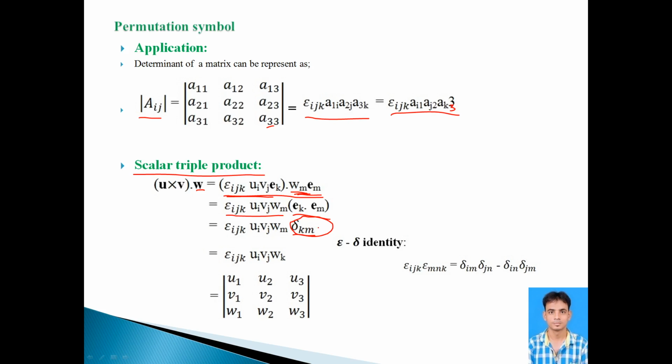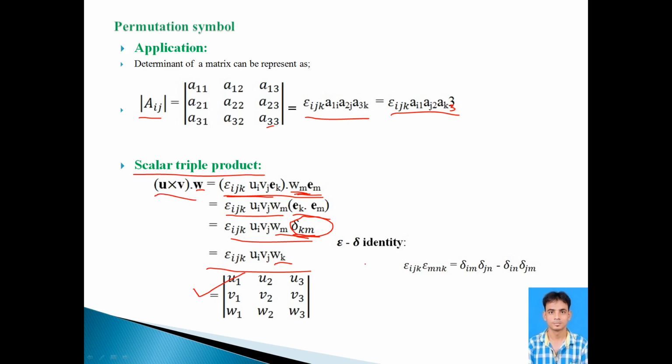This is the definition of Kronecker delta. Then delta km into wm is nothing but wk, from the property of Kronecker delta. So this scalar triple product can be written like this, and finally this is the determinant representation.